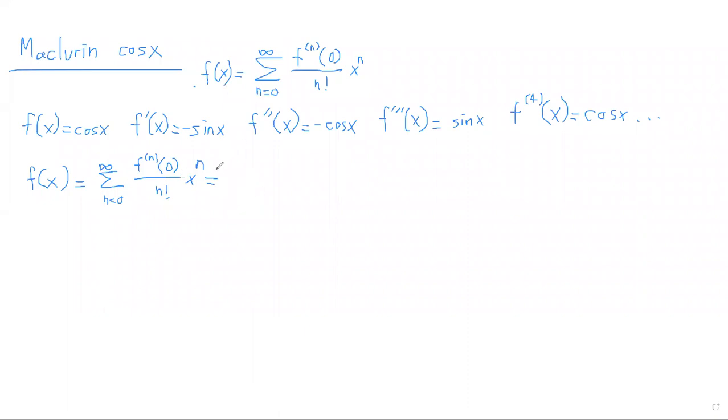So starting at n equals 0, f of 0 is 1, x to the power of 0 over 0 factorial. This is what you get when n is equal to 0. Minus, because here it's minus, f1 of 0 times x over 1, because remember, sine of 0 is 0.